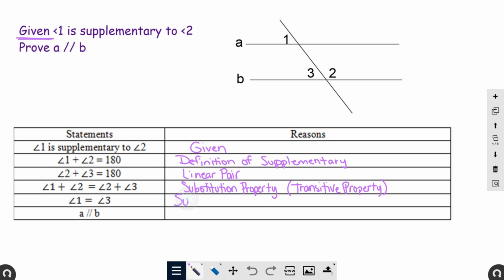Good, because what was subtracted? Angle 2. So with our subtraction property of equality, you can make yourself a little note. We subtracted angle 2 from both sides.